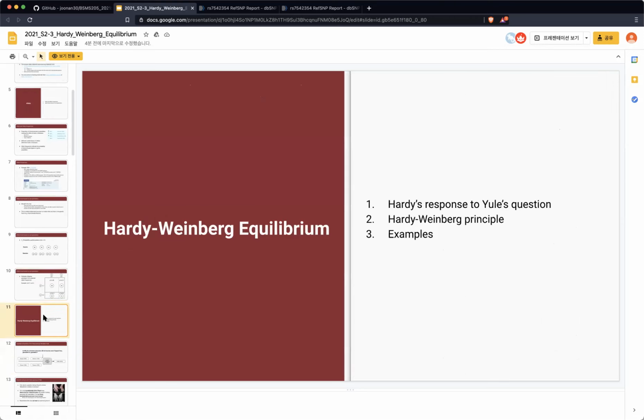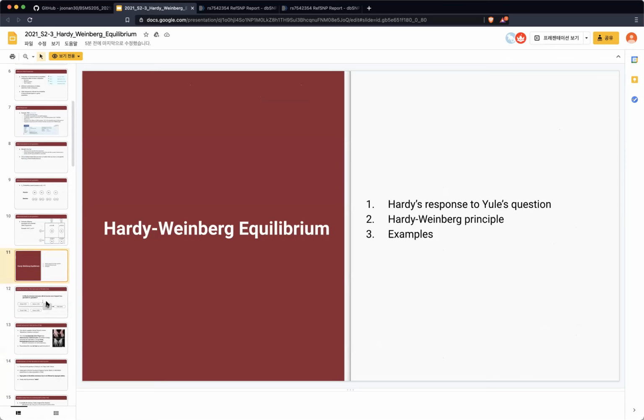Okay, so let's move on to a different discussion and also the major topic in this section, which is the Hardy-Weinberg equilibrium. Weinberg is German, so it has to be a V sound for the W, so Hardy-Weinberg.